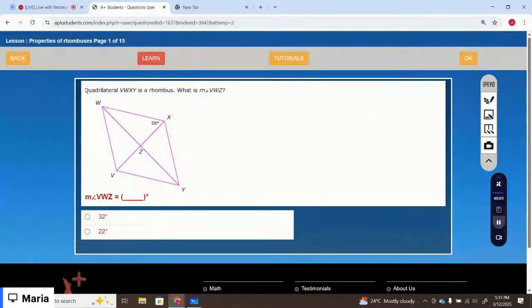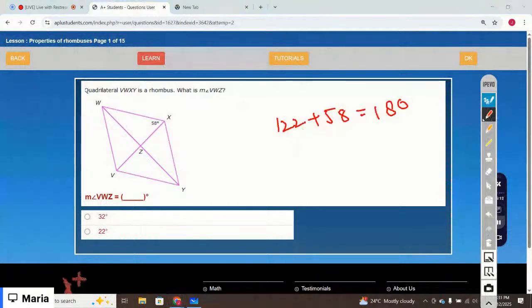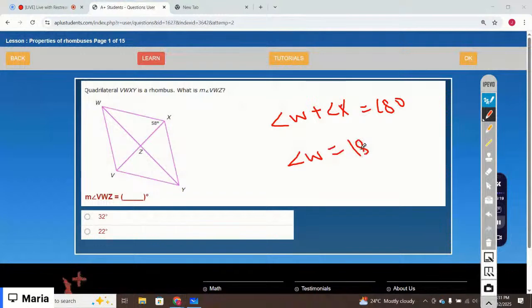Quadrilateral VWXY is a rhombus. What is the measurement of angle VWZ? So angle W and angle X must have the sum 180. So angle W equals 180 minus 58.